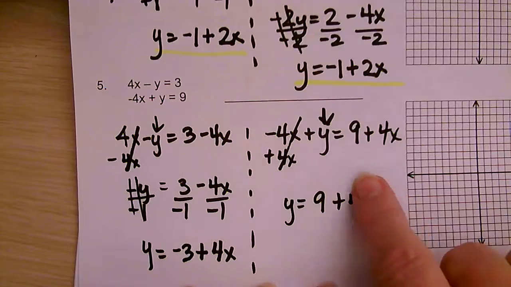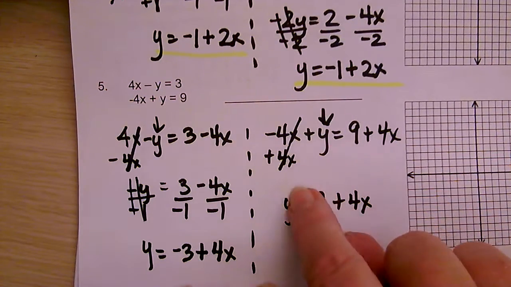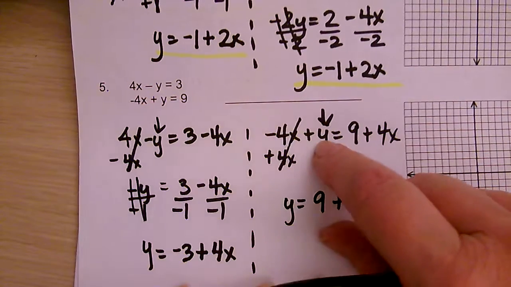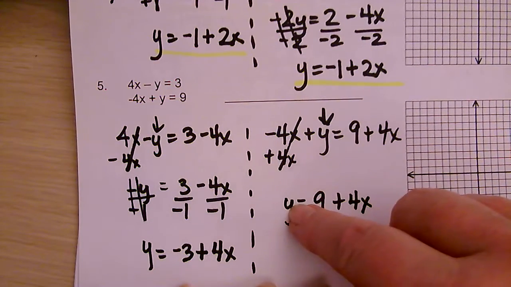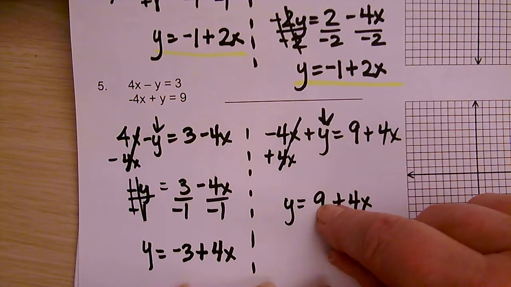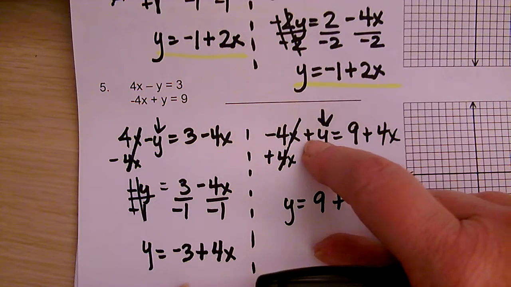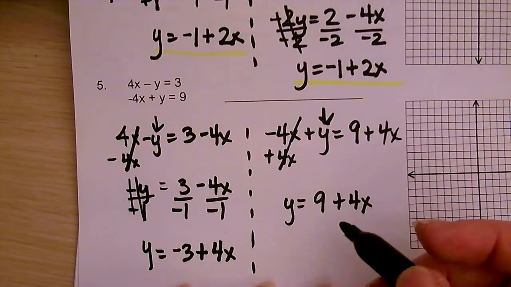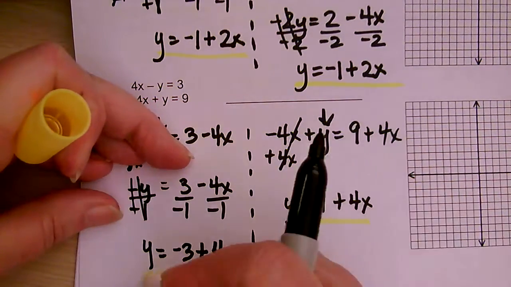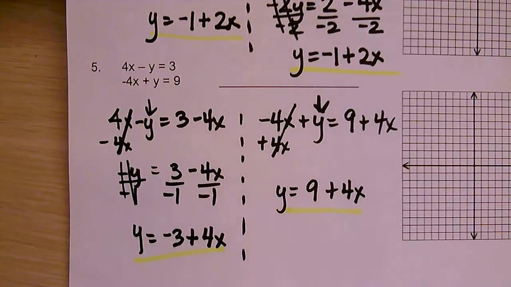Yay, I'm finished. Now the plus sign you don't have to worry about. It's the minus. If there's a minus in front, you need to carry that one down. But a plus, just like when you see a 9, if it's invisible, that means it's positive. So this is just the invisible positive that comes down. And that one's ready. So I have my 2 equations, and we're going to go to the calculator.